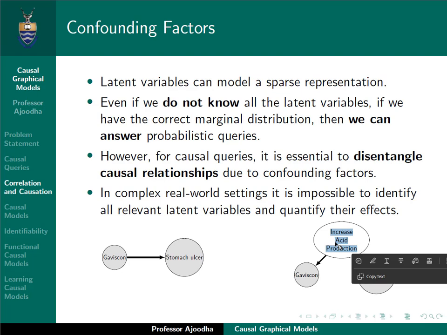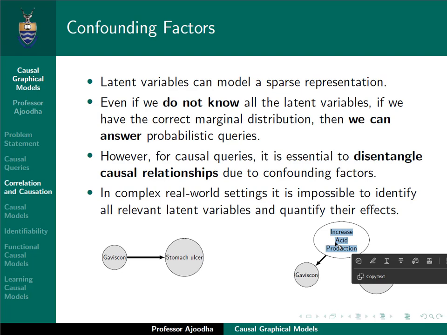And for probabilistic queries, we may still be able to answer questions if the marginal distribution is correct. But for causal queries, hidden confounders are dangerous because they can make us misinterpret a correlation as a causal relationship. So the Gaviscon stomach ulcer example really illustrates this. And the difficulty happens in complex real-world systems.